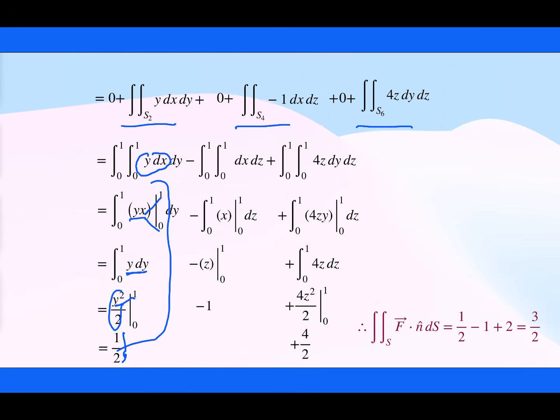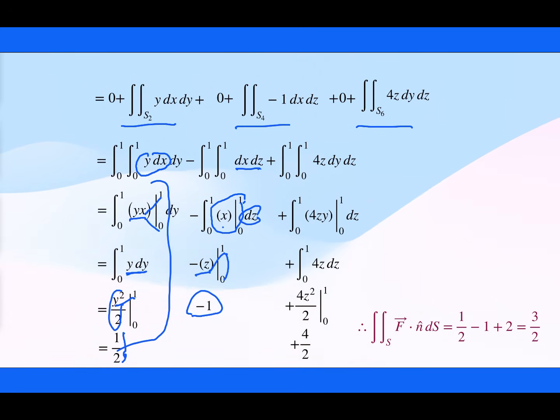Okay, and I'll go with the second integral, dx dz. Just integrate dx, where the x limits are 0 to 1, so apply that, so it is just 1 into dz. Of course the dz integration is z, again 0 to 1 limit, so it is just 1. We have minus outside, so it is minus 1.